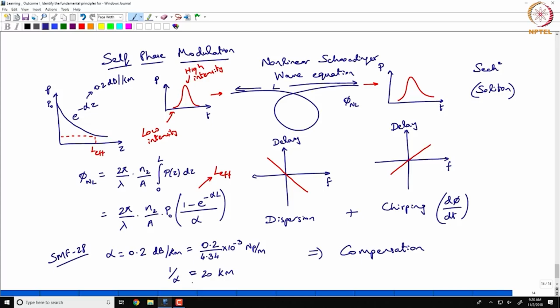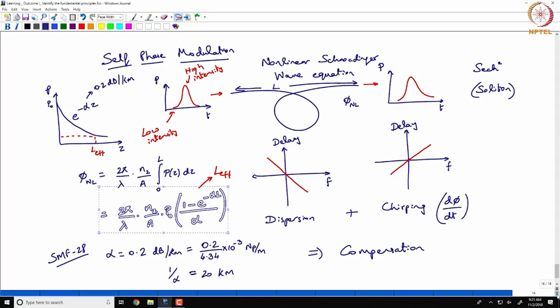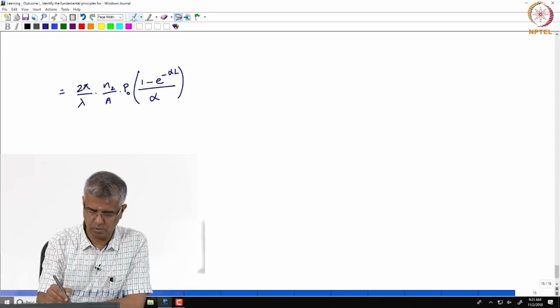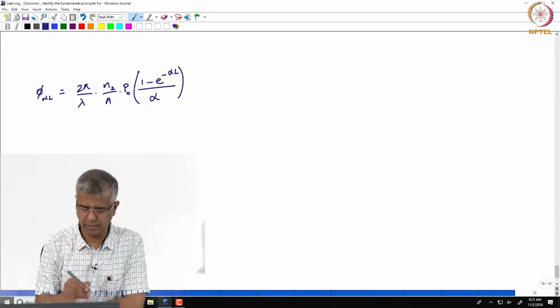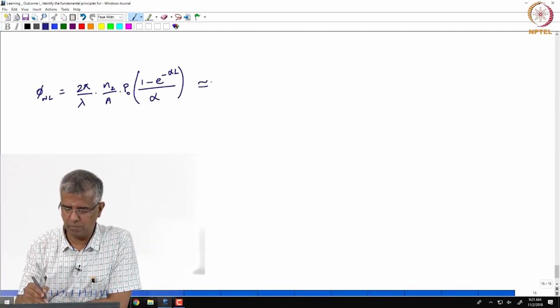Okay. So let me grab this and copy. So what we are saying now is phi NL is given by this. Now this can be approximated if alpha L is far greater than 1.